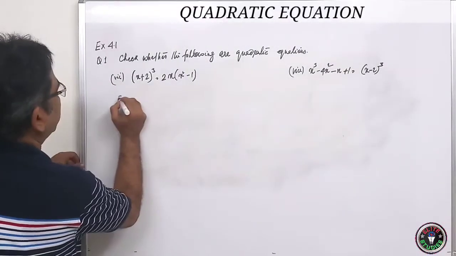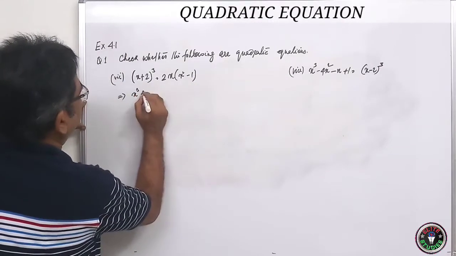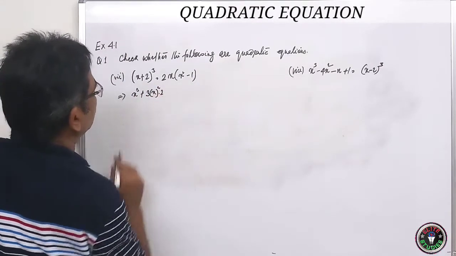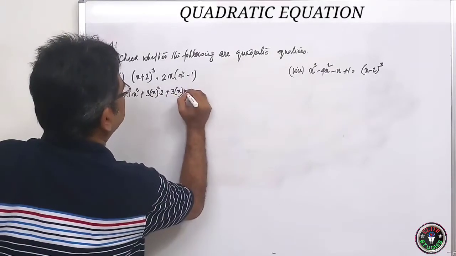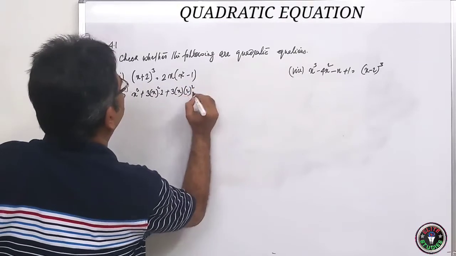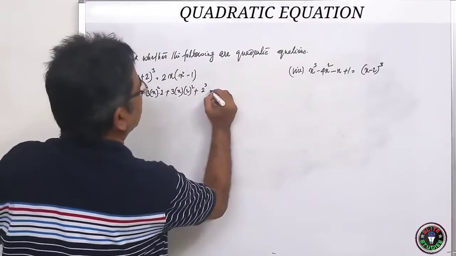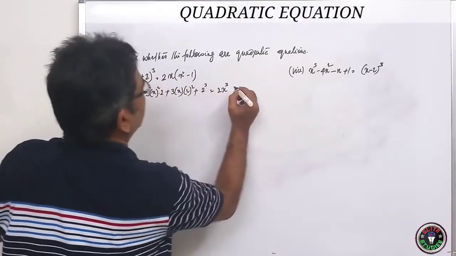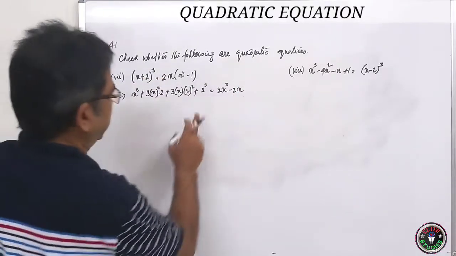Let us open the bracket. It will be x cube plus 3x square into 2 plus 3x into 2 square plus 2 cube, equal to 2x cube minus 2x, right?